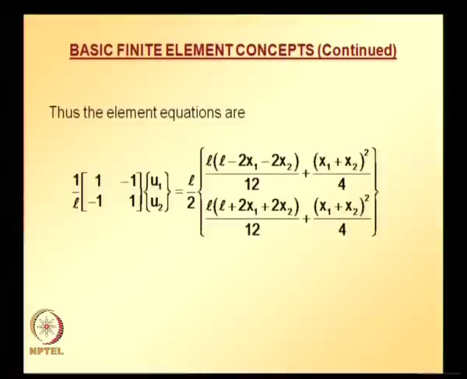Now, plugging in what is K, what is d, what is R, these are the element equations for a typical element for which x is equal to 1 is not a part of that element.